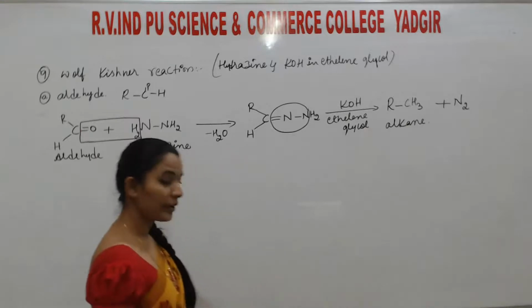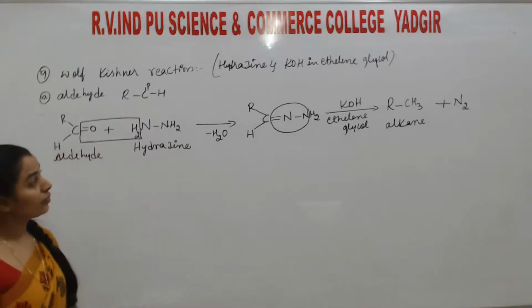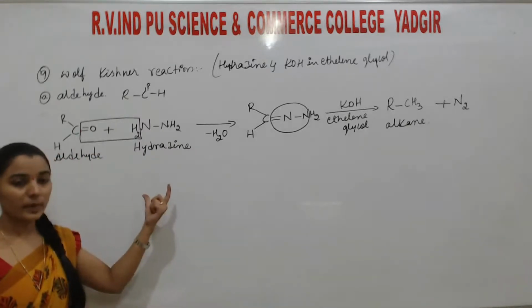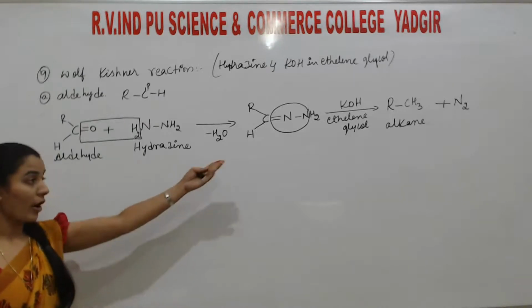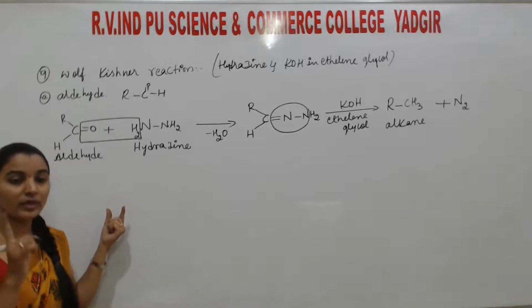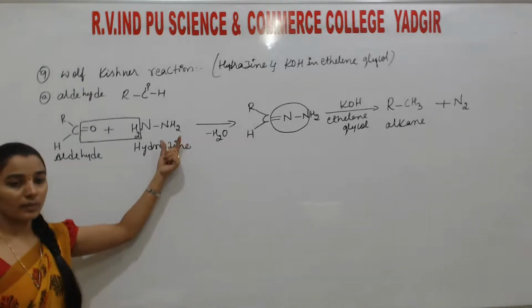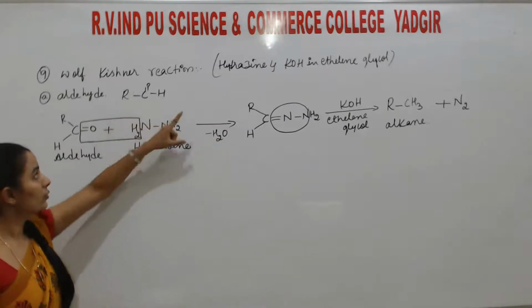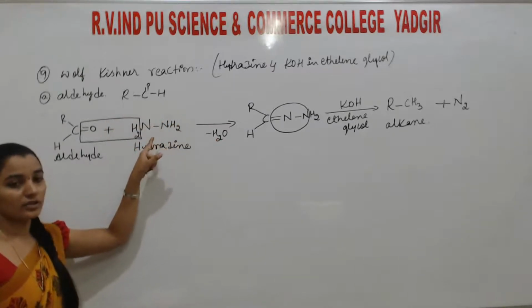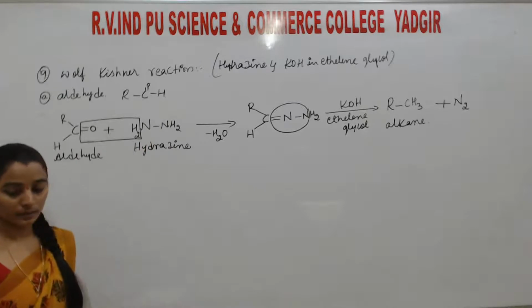So both the Clemmensen reduction reaction as well as the Wolff-Kishner reaction explain the preparation of alkanes from aldehydes and ketones. But the thing is, in the Clemmensen reduction, zinc amalgam in concentrated HCl itself is the reagent. In the Wolff-Kishner, this is the reagent: hydrazine. Okay.